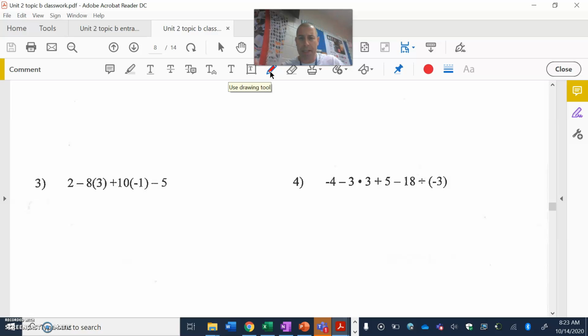Okay, so first thing, parentheses. Yes, there are some, but there's nothing to do inside there. There's no one up against it. So there's nothing to do with it. Exponents, no. Multiplication or division, yes. Remember, left to right, who shows up first? This guy does. Now, keep in mind here, that is a -3. It's a -3 times a 3.